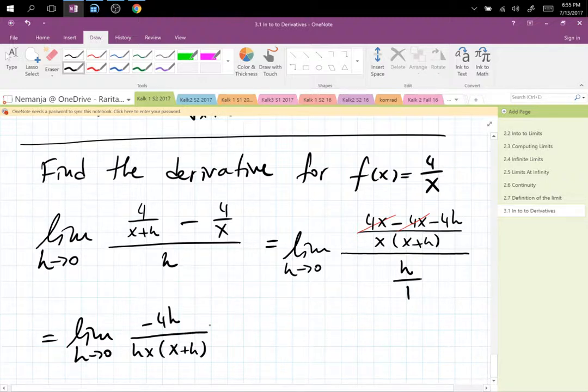Now h and h will cancel because all we have is division and multiplication. And when you plug in h equals 0, you are left with negative 4 in the numerator, and you have x times x, which is x squared. And that's the answer.